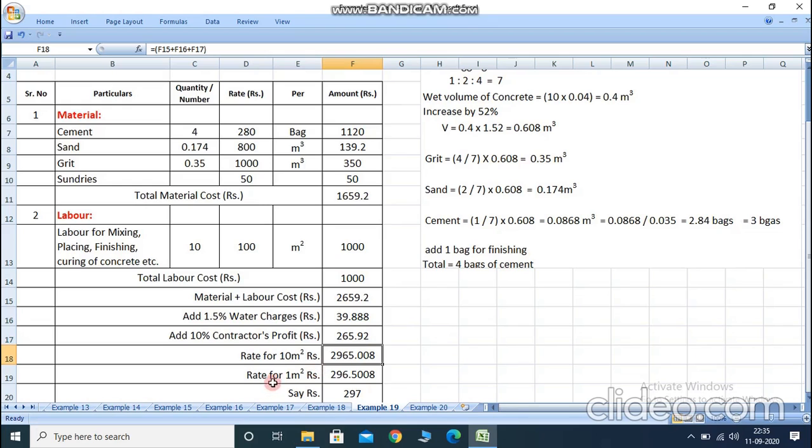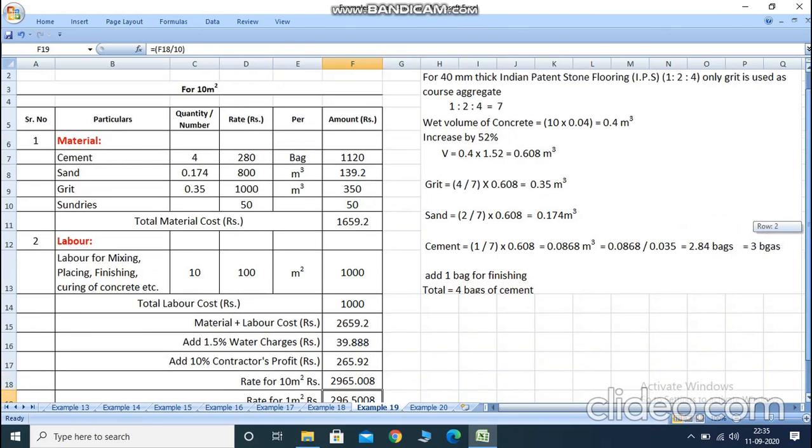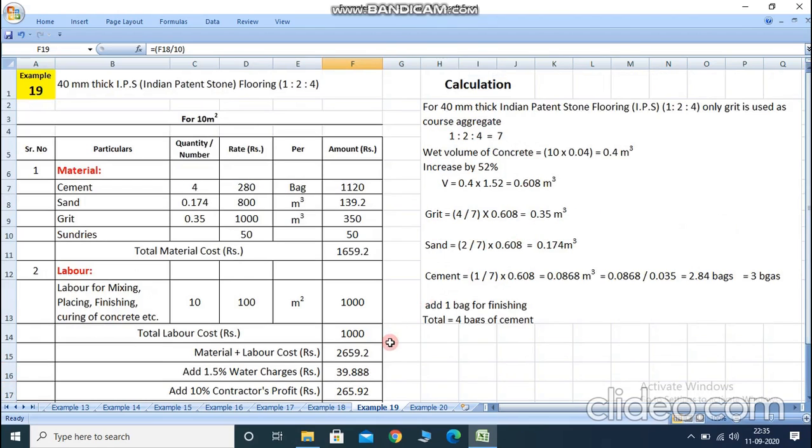So for 1 meter square, the rate is 2965.008 divided by 10. So we got the per meter square rate. The round up figure, we take 297 rupees as the IPS rate for 1 meter square area of ratio 1:2:4.